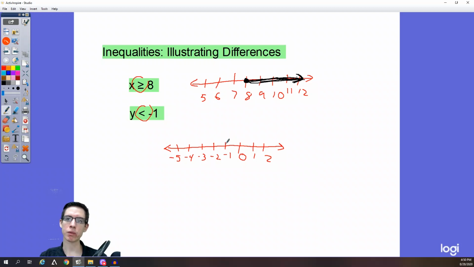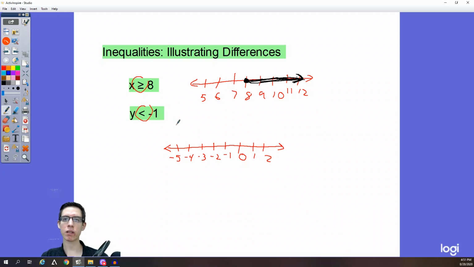I'm going to switch to my blue color so that I can indicate y less than -1. A number smaller than -1 would be something to the left on the number line. So -2, -5, -10, something like that. Those are all going to be smaller than -1. But we have to set it up so that everything that is smaller than -1 gets included.